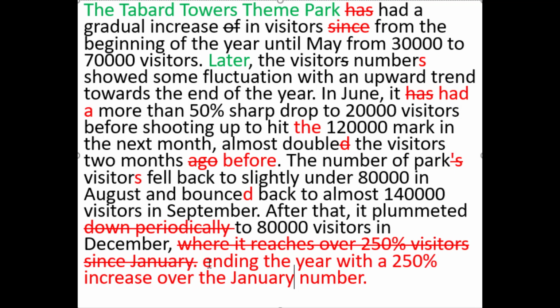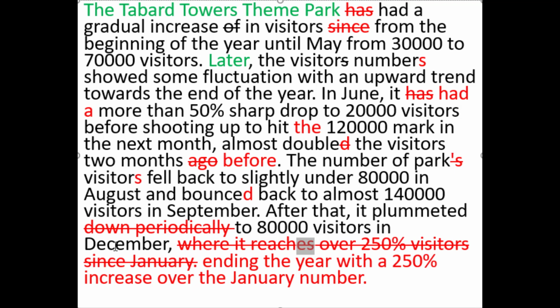And then maybe at the end here, originally the writer wrote where it reaches, again present tense, over 250% visitors since January. This is a very confusing phrase. I mean, it's not that confusing. I do understand what they're trying to say, but it's not exactly clear.